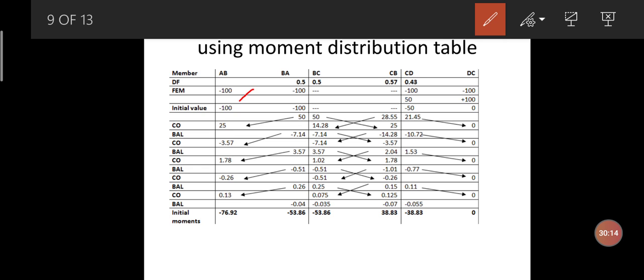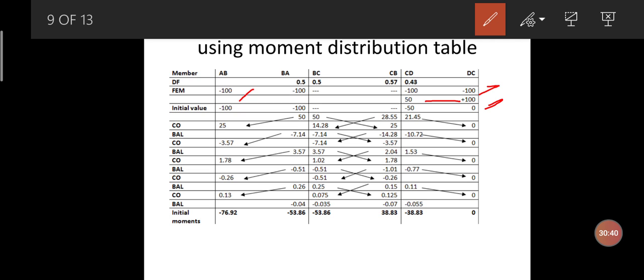Here, since D is a hinged support, I need to make the moment equal to 0. So minus 100 should be balanced with plus 100 so that the overall moment is 0, and this plus 100 moment should be half carried over to the span CD with the same sign convention.